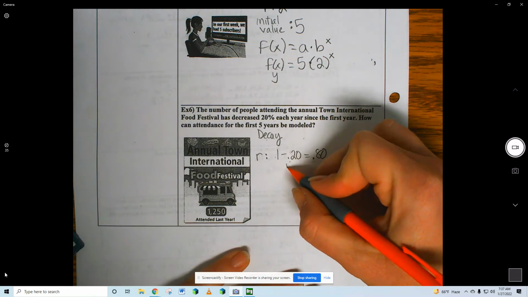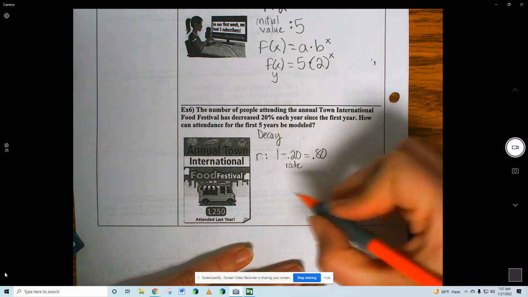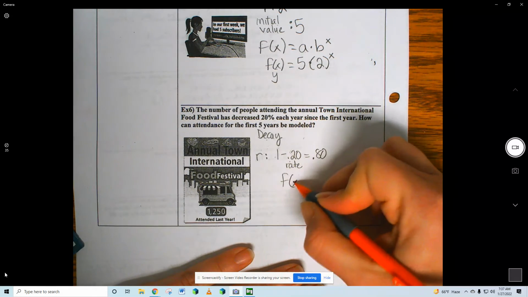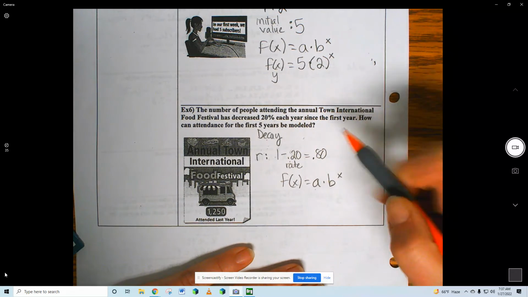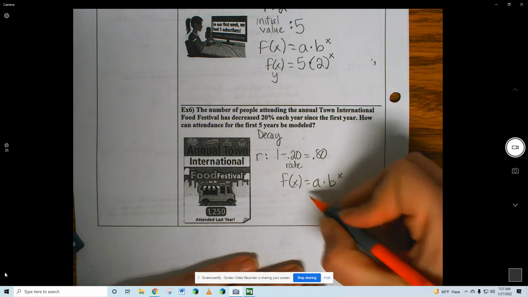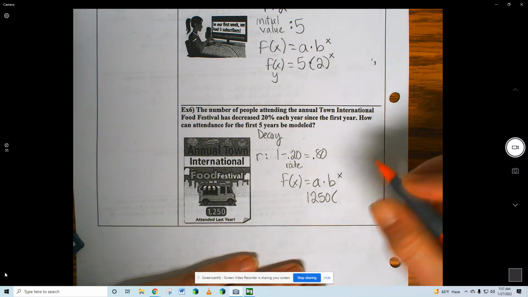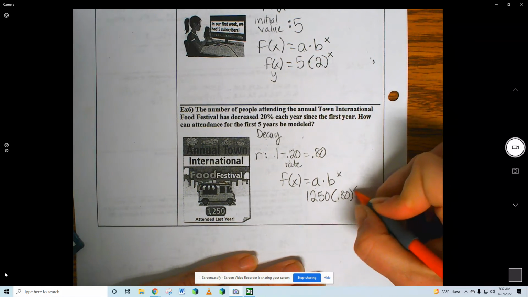So this is my rate of decay, and the 80 is what I'm going to have in my formula. A is my starting. What did I start with? 1,250. 0.80 to the x.